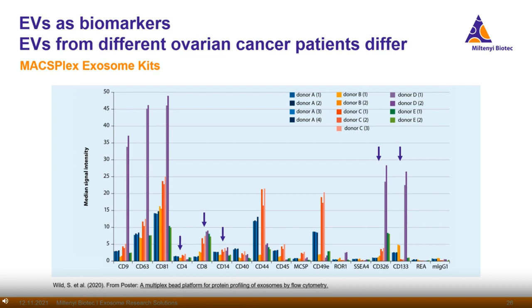Interestingly also was the observation that samples from different patients showed significant differences in the levels of key tumor markers such as CD326 or EpCAM and CD133 or PROM1. These results clearly indicate the presence of tumor-derived EVs in the ascites of patients with ovarian cancer and are in line with other studies showing that the formation of malignant ascites is a hallmark of advanced and metastatic ovarian cancer.